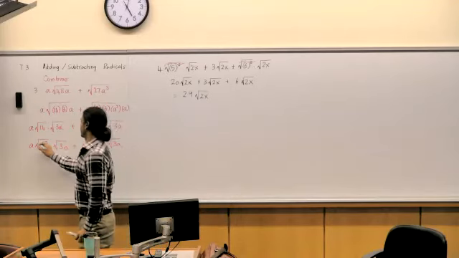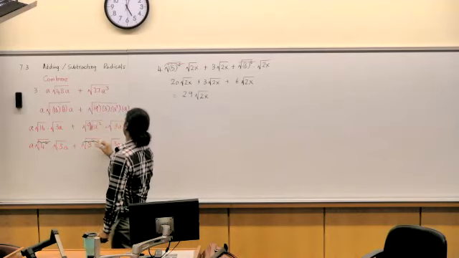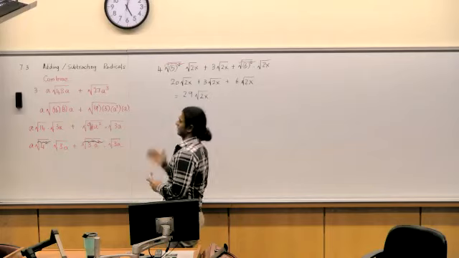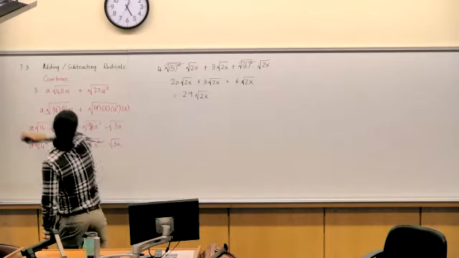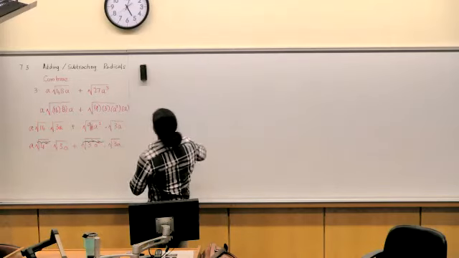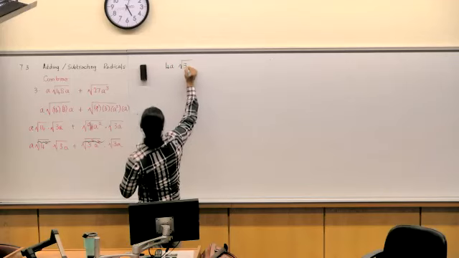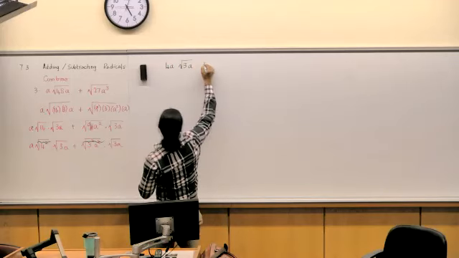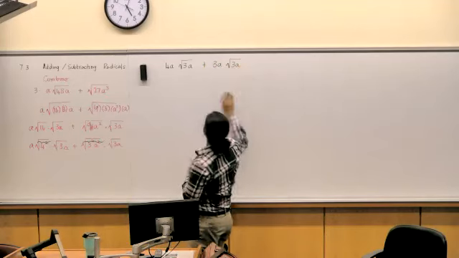Squiggly, the root and the square will go away. Same. What are you left with? You are left with 4a square root of 3a plus 3a square root of 3a.